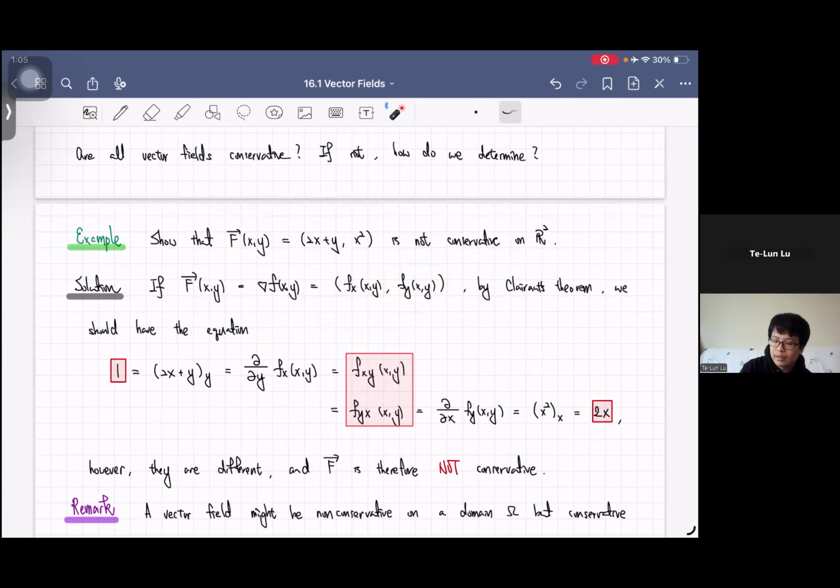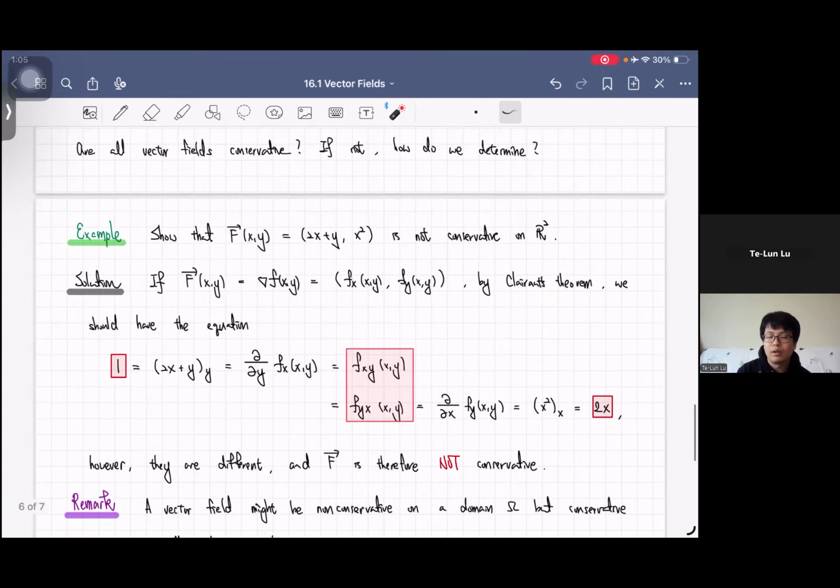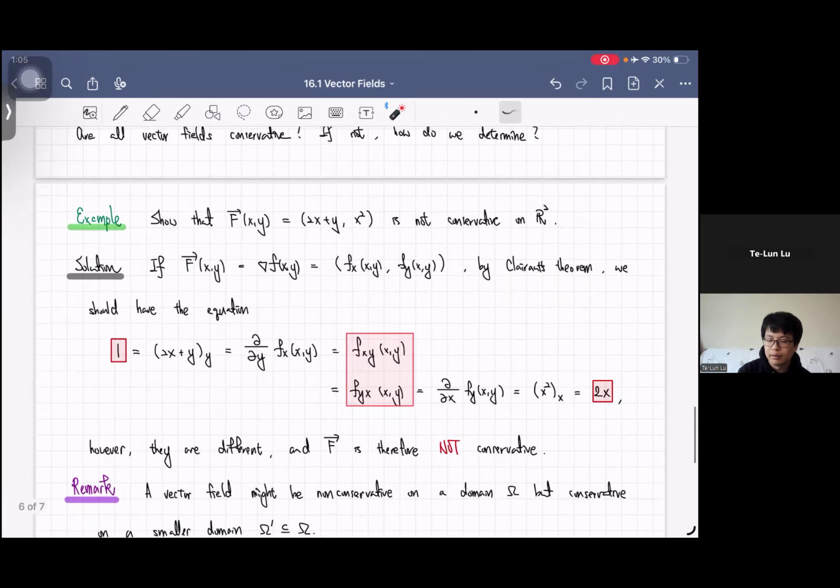Now we see that, again by Clairaut's theorem, so trace back your memories to I think section 14.2 or 3, we see that f_xy is always equal to f_yx, right? The differentiation order does not change the second partial differentiation.